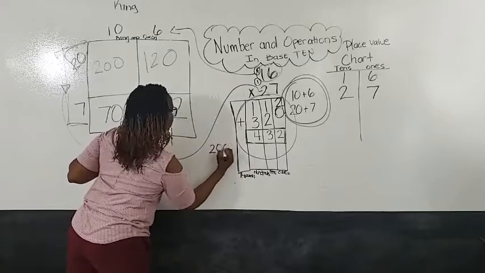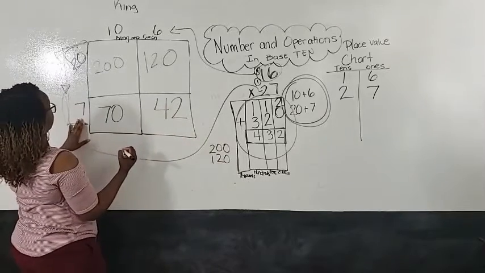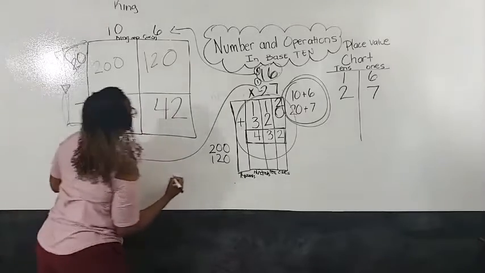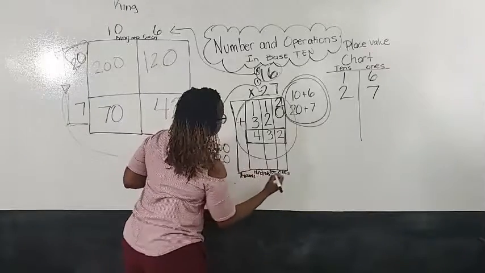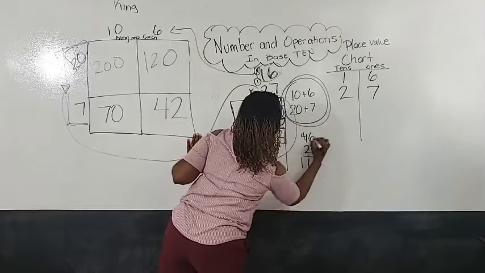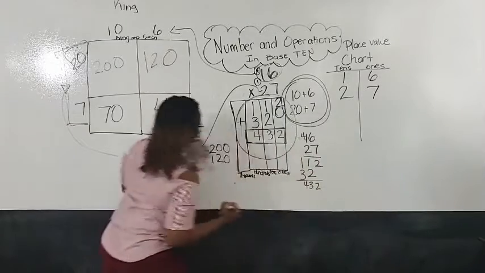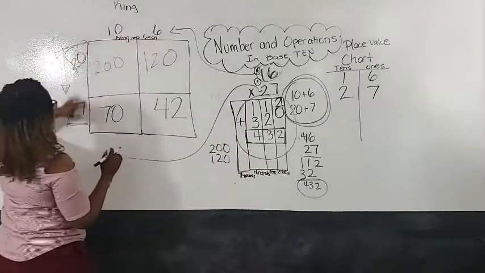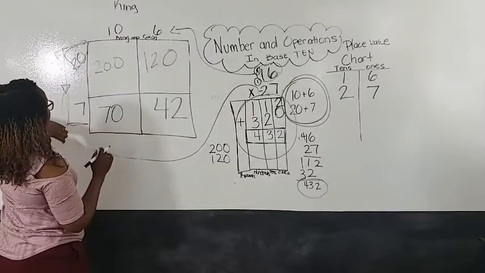So 20, what am I doing? Hold on, y'all. 120, still off somewhere. 70 and 42. I'm still off. Hold on. Something I'm doing, something I'm not doing right.